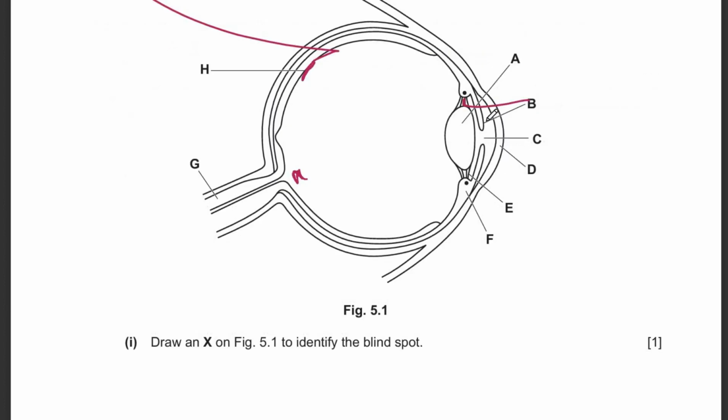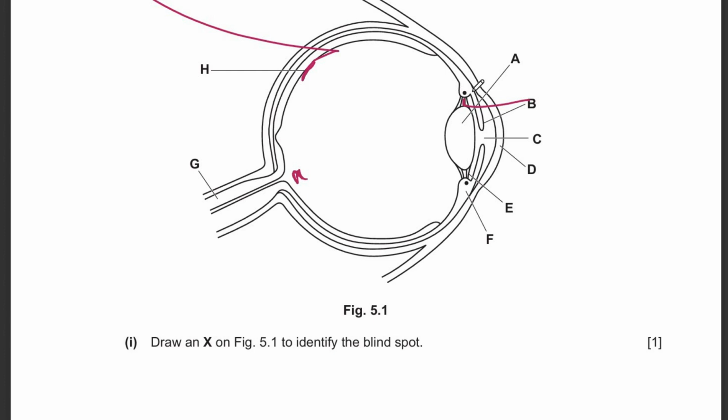Alright? First of all, we need to understand the normal phenomena which occurs when the eye has to focus on distant objects. What happens is that the ciliary muscles relax and suspensory ligaments become taut. And when they become taut or tight, the lens is stretched. Alright? And the angle of refraction is changed in a way that it focuses on the distant objects.